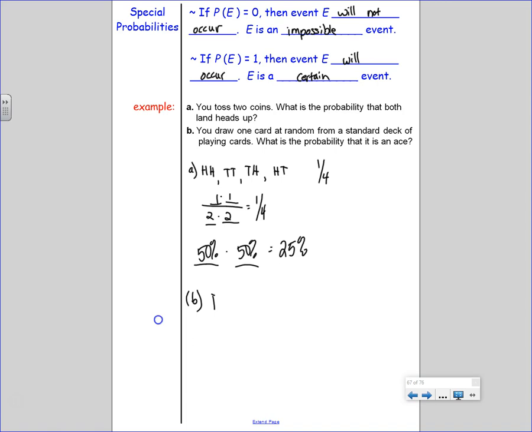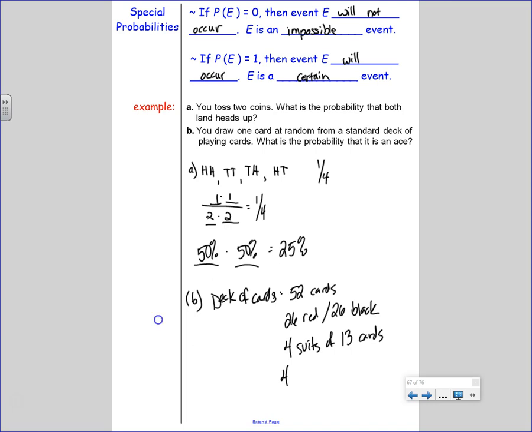Some of you need to write this down to refer back to it. In a standard deck of cards, 52 total. Tell me some other stuff about a deck of cards. 26 red, right? 26 black. What else? Something else important to do with numbers. There are 4 suits of 13 cards, right?